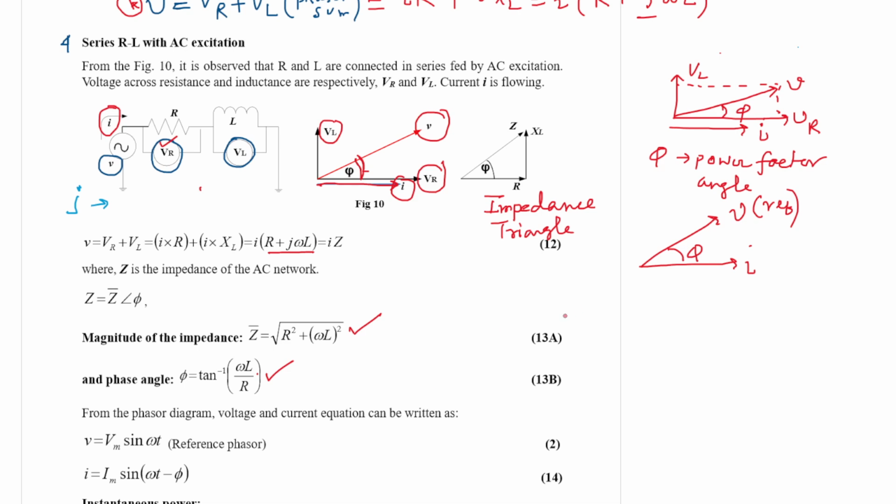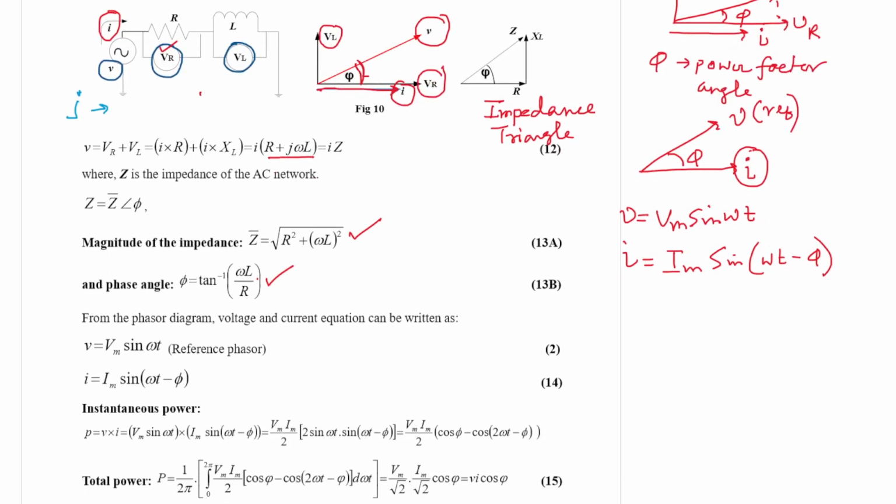So if you write the supply voltage as V is equal to Vm sin omega t, this current must be written as Im sin omega t minus phi. So here current is lagging by some angle phi, which is not 90 degrees this time. The range of phi is 0 to 90 degrees.